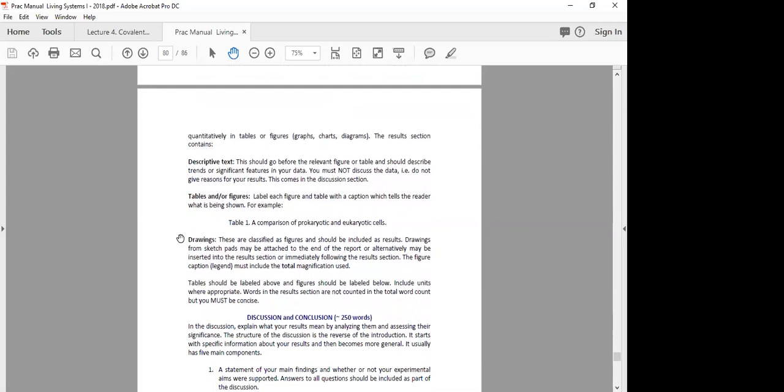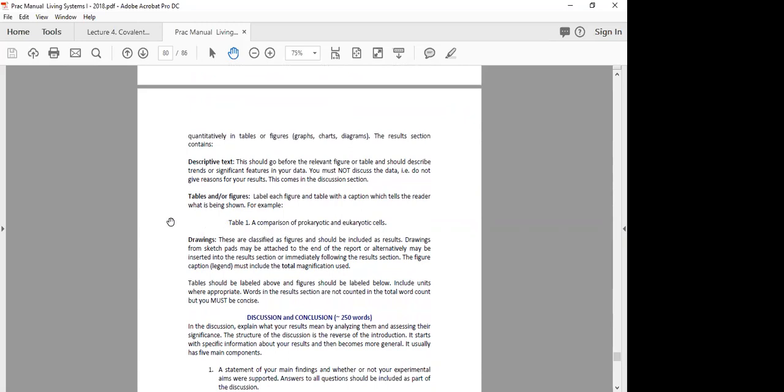Okay. All right. Drawings and graphs are all referred to as figures. So they would be labelled, for example, as figure 1 or figure 2, depending on how many figures you have, and that's followed by a brief description. Figure captions are always placed below the figure, not above the figure.